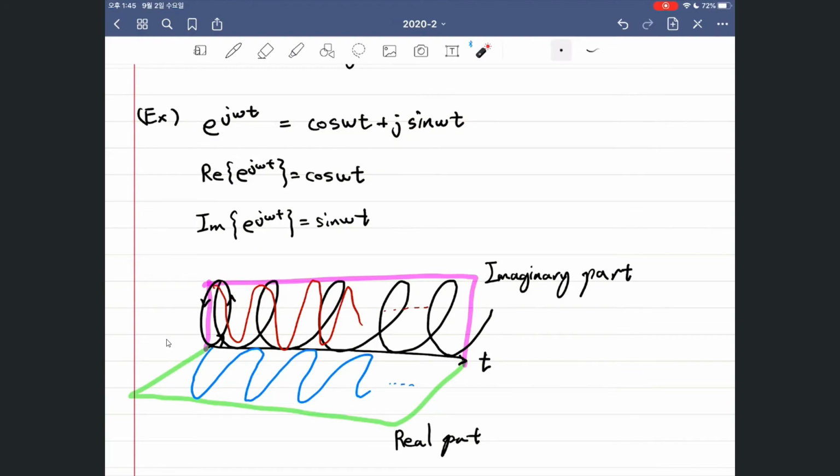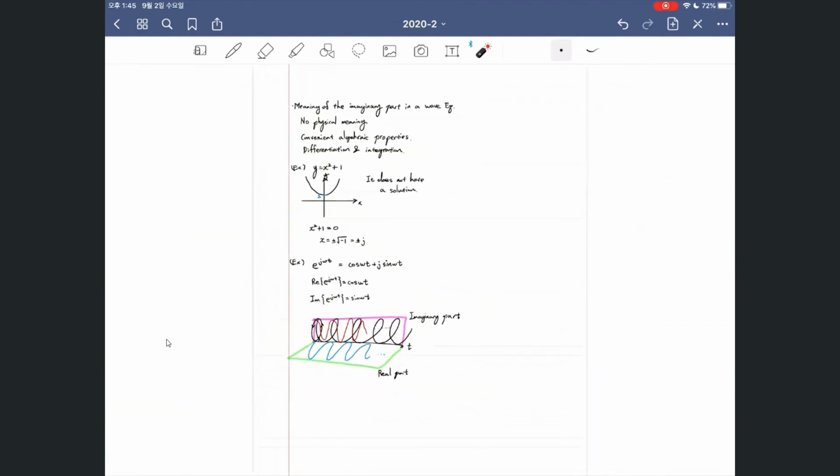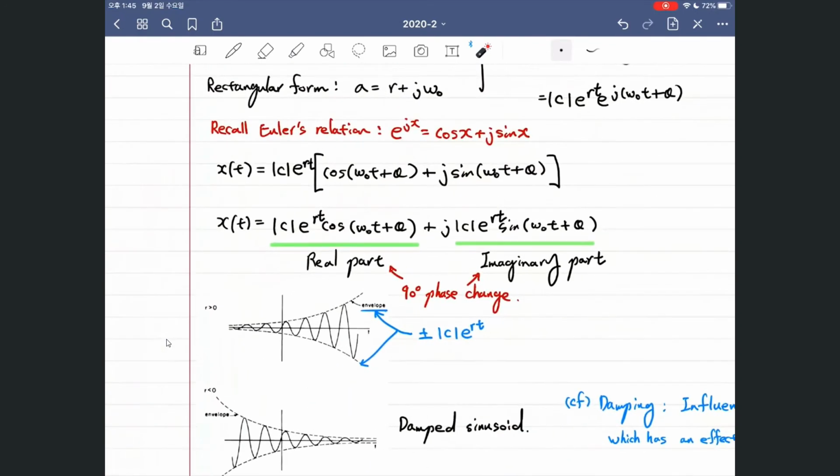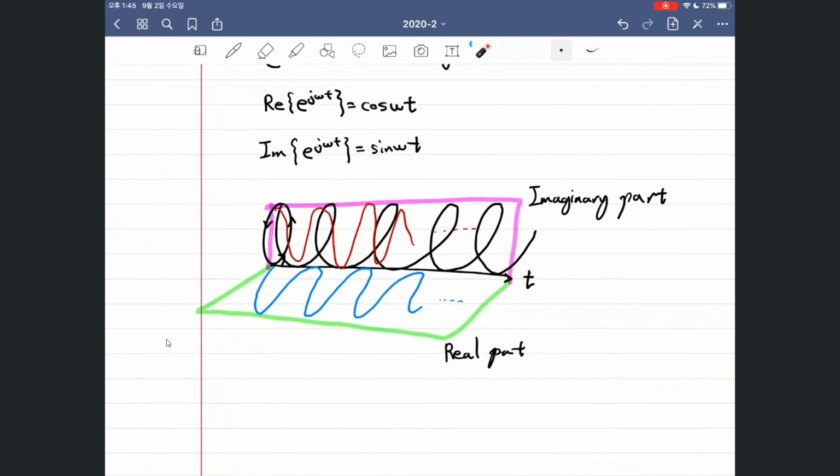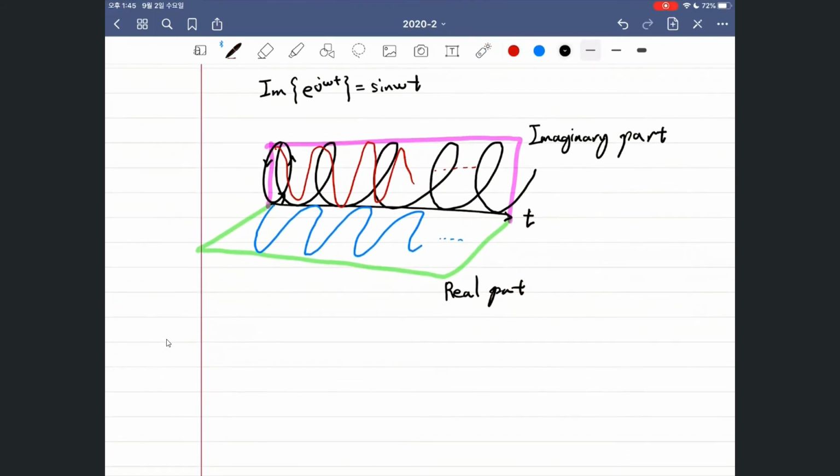And in the previous figure, these are the only trajectories which are in the real part. Okay? So let me write down what I said.